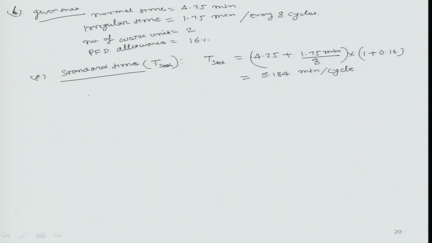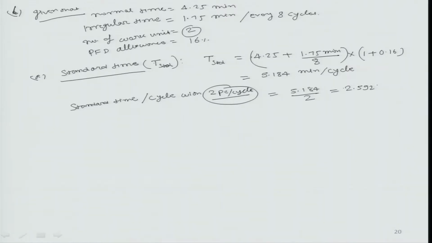Again the number of work units is 2, so the standard time per piece, with 2 pieces per cycle, will be 5.184 divided by 2, that is equal to 2.592 minutes per piece.